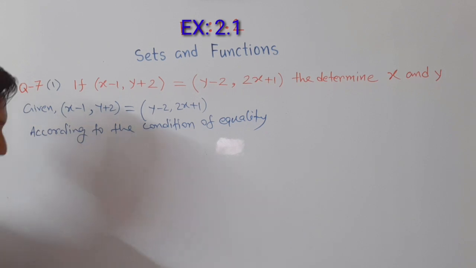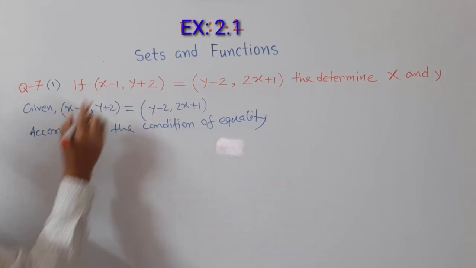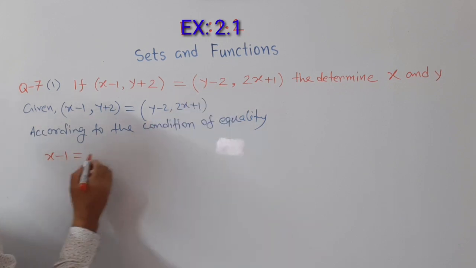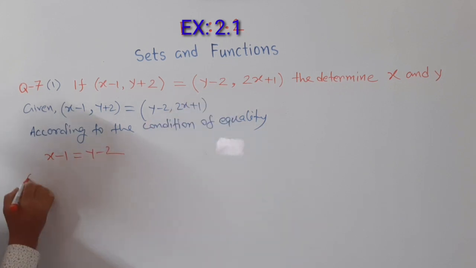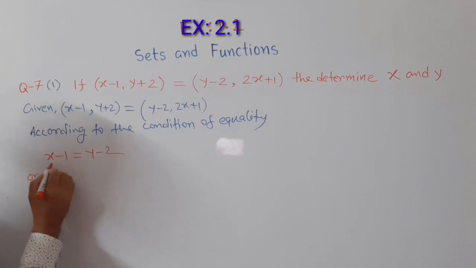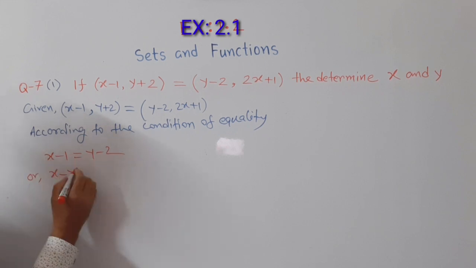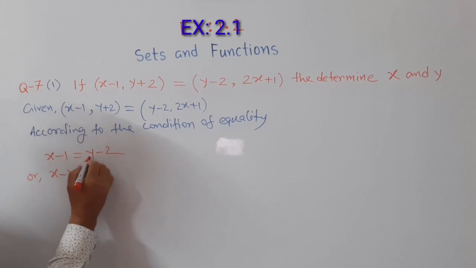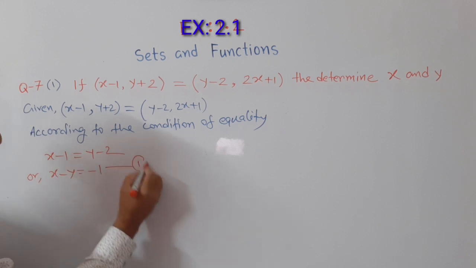According to the condition of equality, we can say that the first element of the first ordered pair, x minus 1, equal to y minus 2. So by simple calculation we can say x minus y equals, passing minus 1 to the right hand side, so plus 1, minus 1 plus 1 minus 2, that means minus 1. Mark this as equation 1.